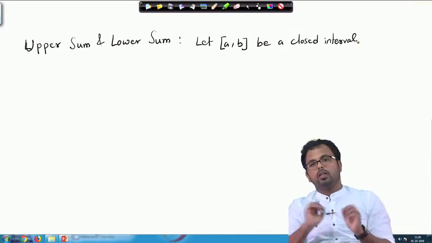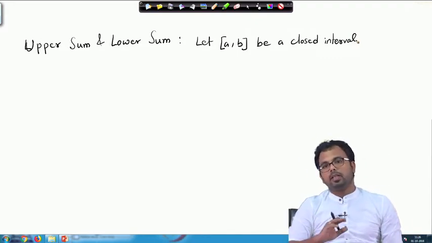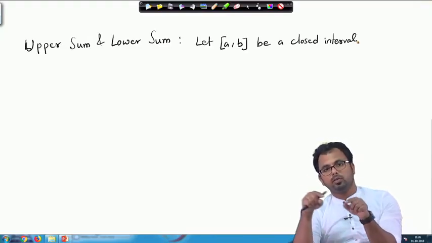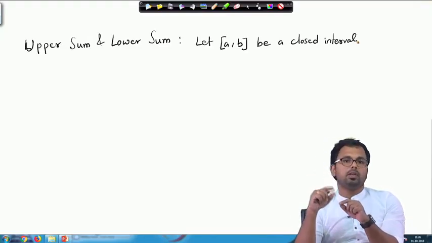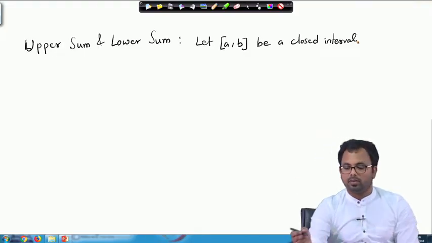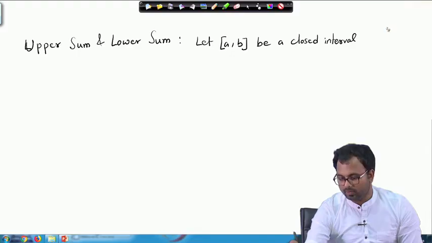So just to give you an idea, when we say a closed interval, that means both the endpoints of that interval are included, and when we say an open interval, then the endpoints are not included, and then you write it open interval something like this.